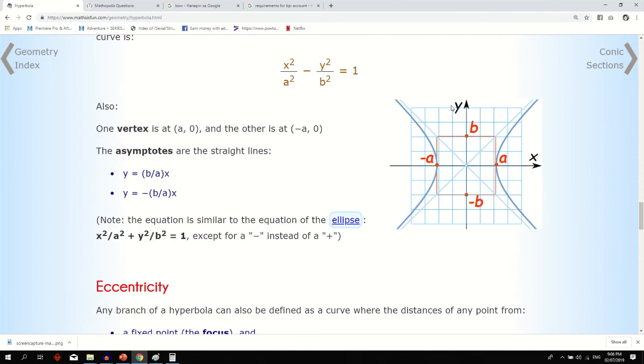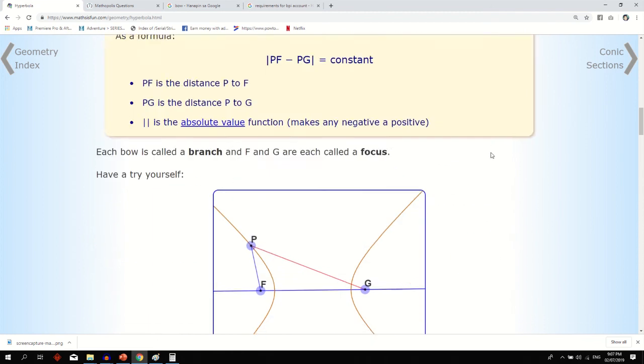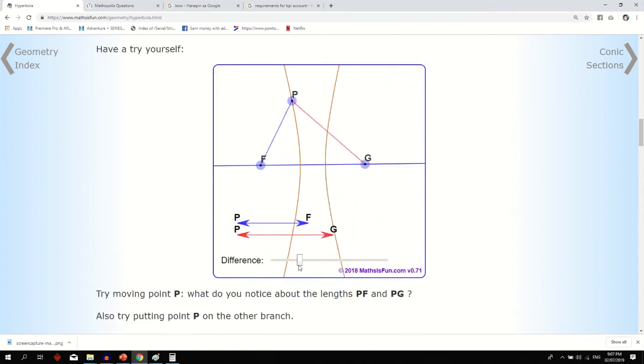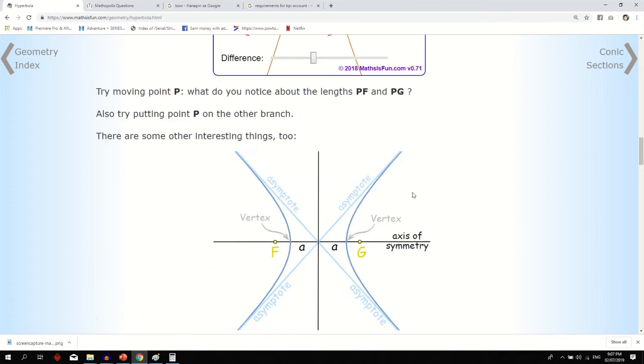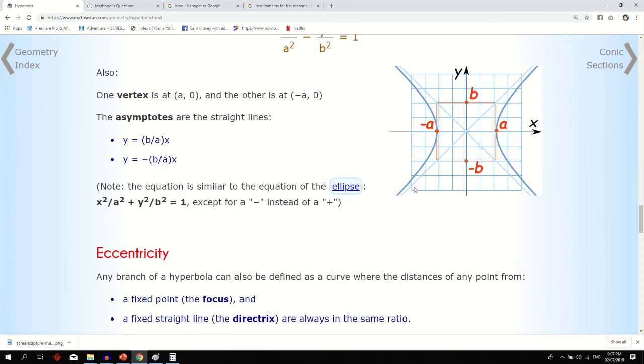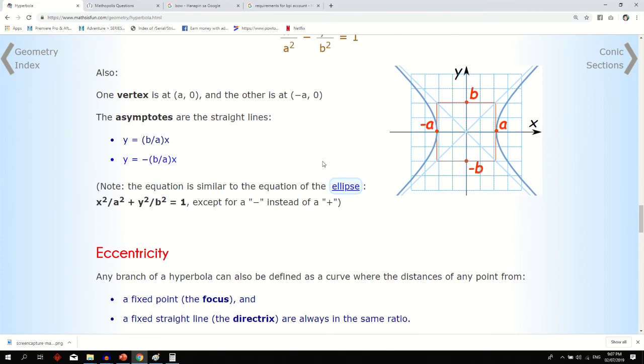Asymptotes. Okay. So we can easily tell if it is just like that or it is more on the like this. Okay, you can see that. So we can know that through the asymptotes. Okay, so y equals to what?